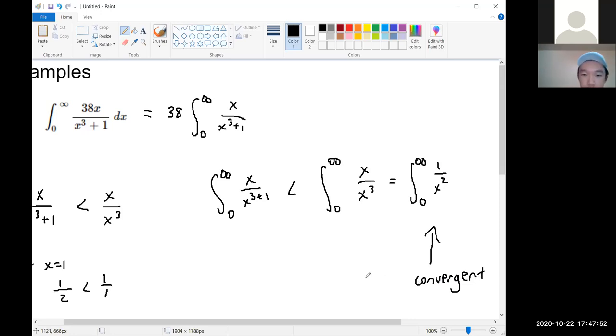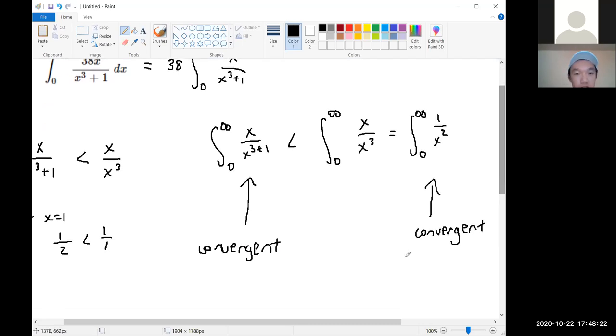And then our original integral, this one right here, is less than our convergent integral that we chose to compare it to. So what do you guys think we can conclude about our original integral? It's also convergent. Yes, there you go. So this is also convergent because it's less than another convergent integral.